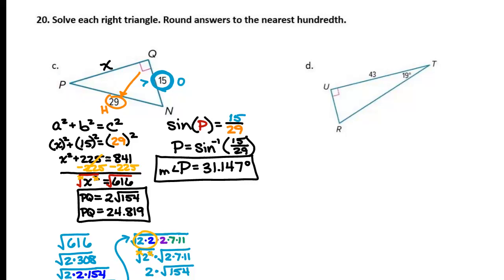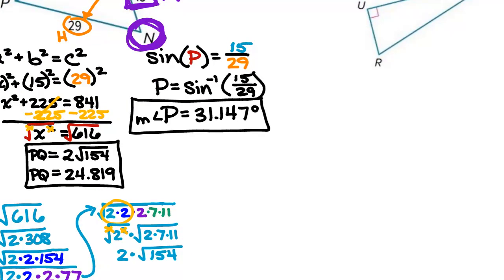We also need to find angle N. So if I'm standing right here at angle N, then is 15 still my opposite side? Now it is the adjacent side. Adjacent and hypotenuse means I'd need to use what? C, cosine.